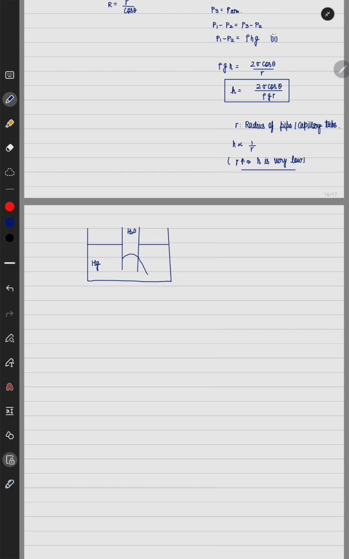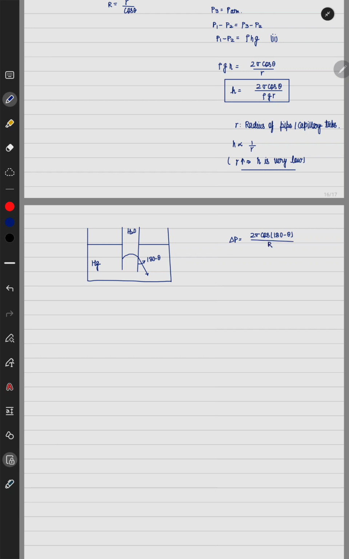And the tangent, if I draw from here, this angle is given by 180 minus theta. So the formula here comes out to be delta P is equal to 2 sigma cos of (180 minus theta) divided by r.